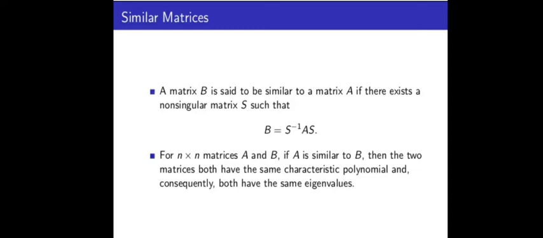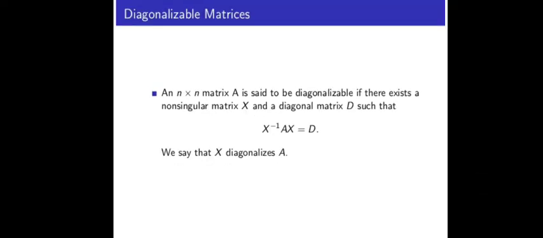If B equals S inverse A S, then we say the matrix B is similar to matrix A. Secondly, for n cross n matrices capital A and capital B, if A is similar to B, then the two matrices have the same characteristic polynomial and consequently the same eigenvalues.